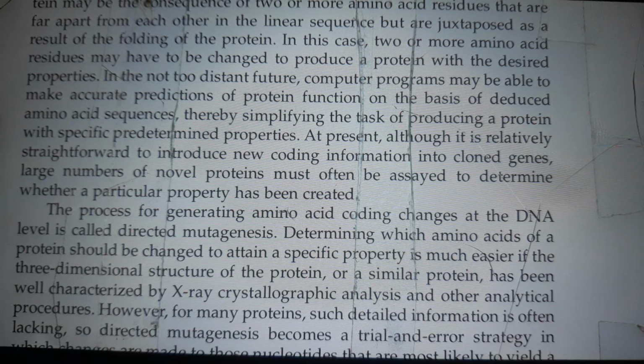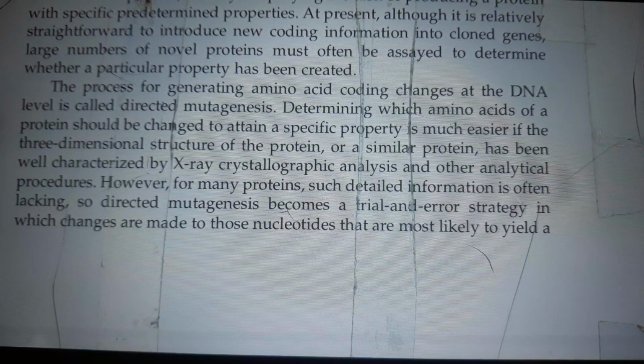large numbers of novel proteins must often be assayed to determine whether a particular property has been created. The process for generating amino acid coding changes at the DNA level is called directed mutagenesis.